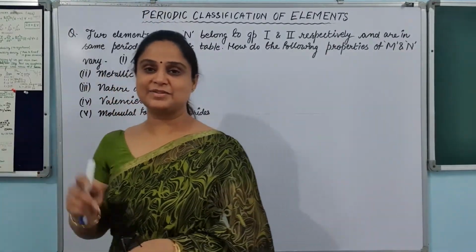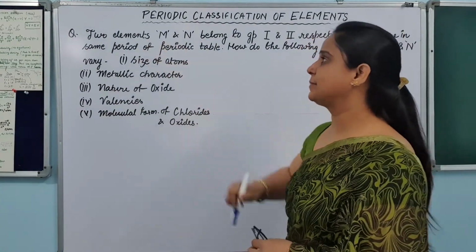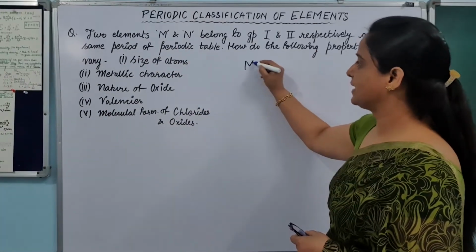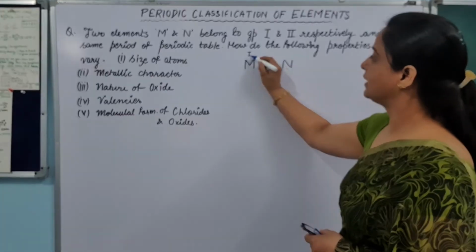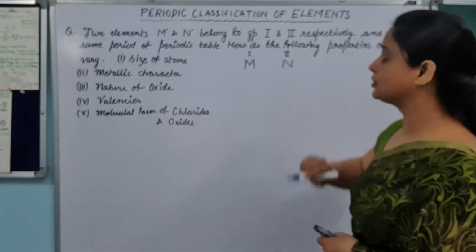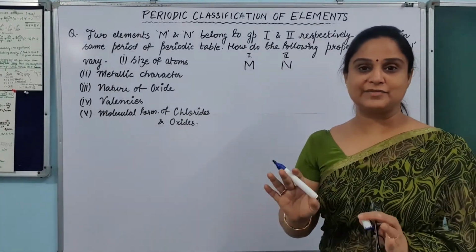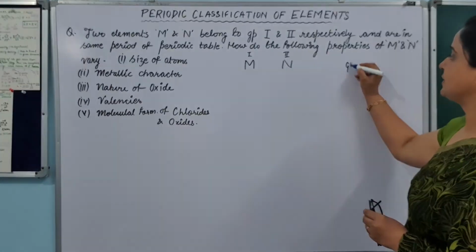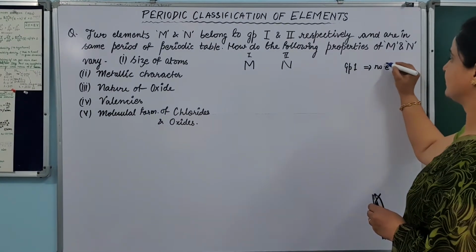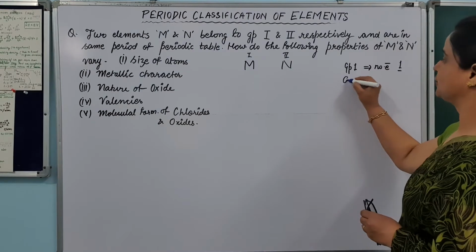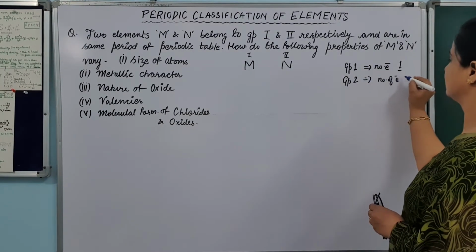So this is your next question. Let's solve it. Very easy question. 2 elements M and N. So you are given M and N. They belong to group number 1 and group number 2. So we know about the group, and group number 1 and 2 means the outermost shell configuration we are clear, because group number 1 means number of electron 1, group 2 means number of electron 2.